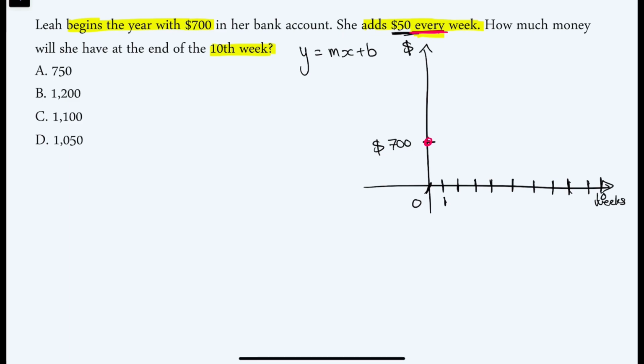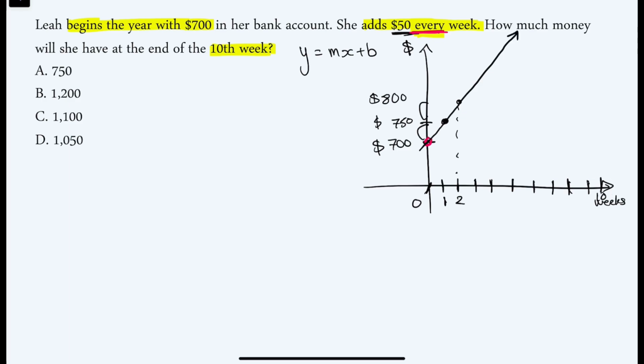So week 1 passes, we add $50 to get to $750, which is right here. And then another week passes, so week 2, we add another $50, which is $800 now. And as you continue this, you'll see this linear relationship going upwards up until the 10th week.